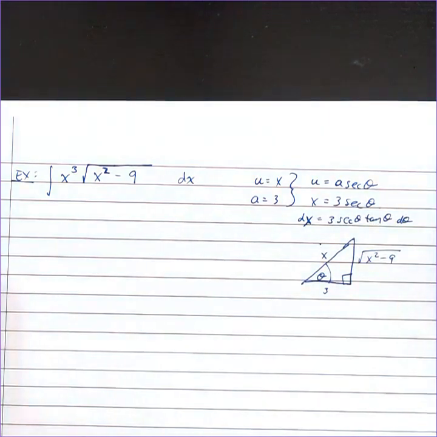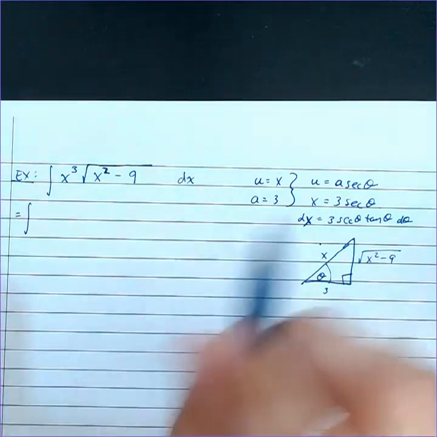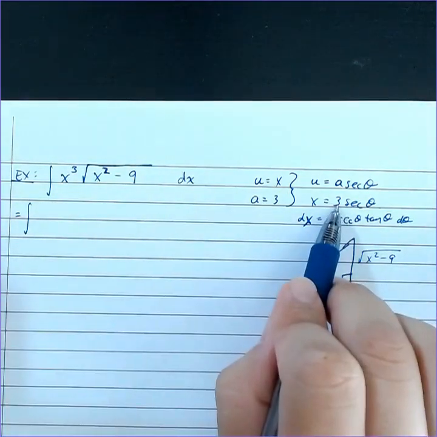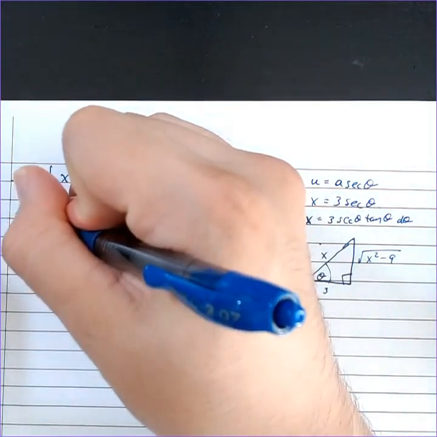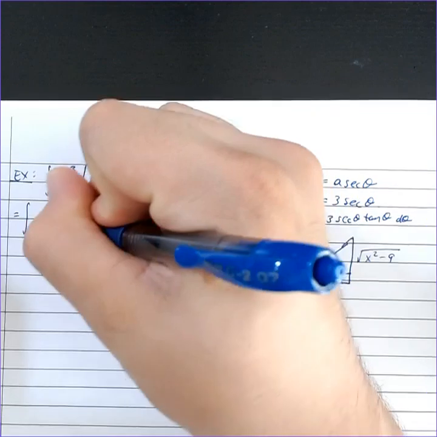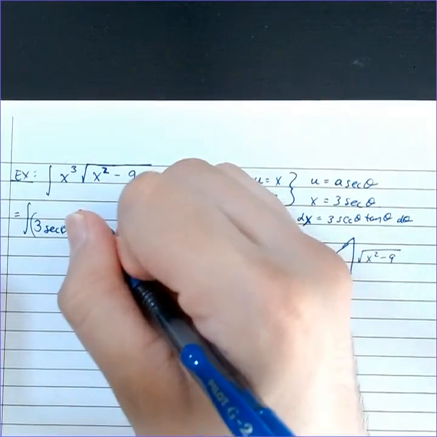And now we are prepared to begin our substitution. This is going to equal the integral of x being replaced by 3 secant of theta. Okay, so that's going to be 3 secant of theta, but don't forget that's being cubed.